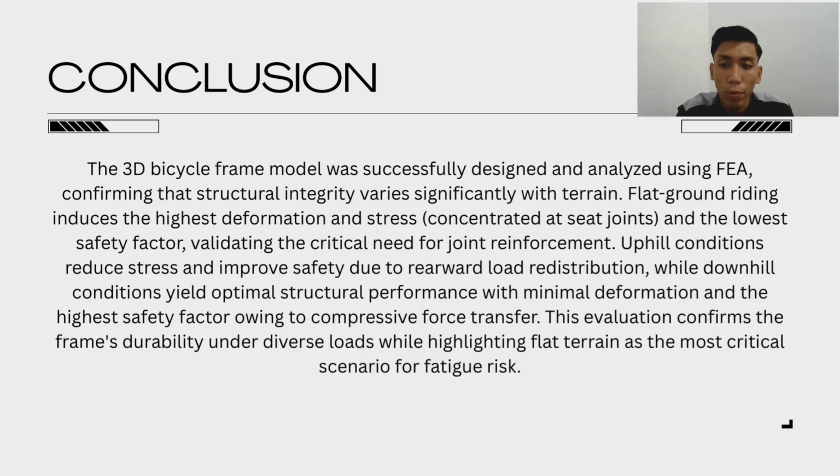Uphill conditions improved stress distribution and safety, while downhill riding delivered the optimal performance with minimal deformation and the highest safety factor. These insights validated the frame's durability across diverse conditions and emphasized the need for design prioritization in flat terrain scenarios to mitigate fatigue risks.